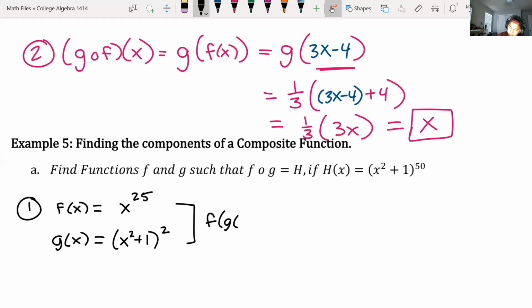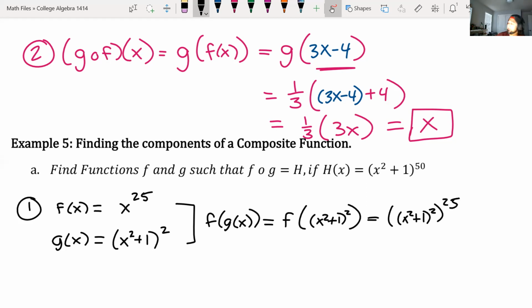f composed g of x means you get f of x squared plus 1 squared. And you plug that in and you get x squared plus 1 squared to the 25th. Well, good.